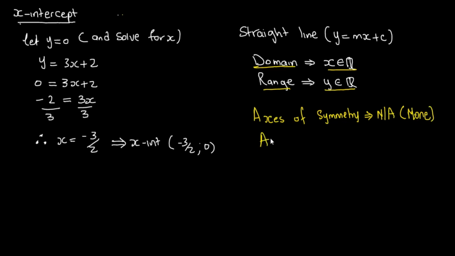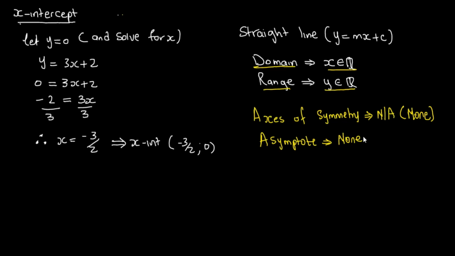And then the asymptote of a straight line: same, none. The straight line does not have an asymptote. I hope you guys are having so much fun. Remember, we are still discussing the straight line.